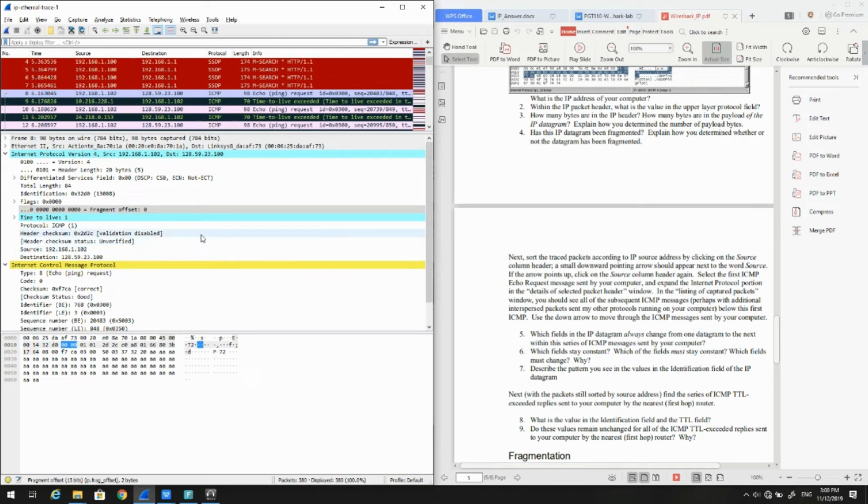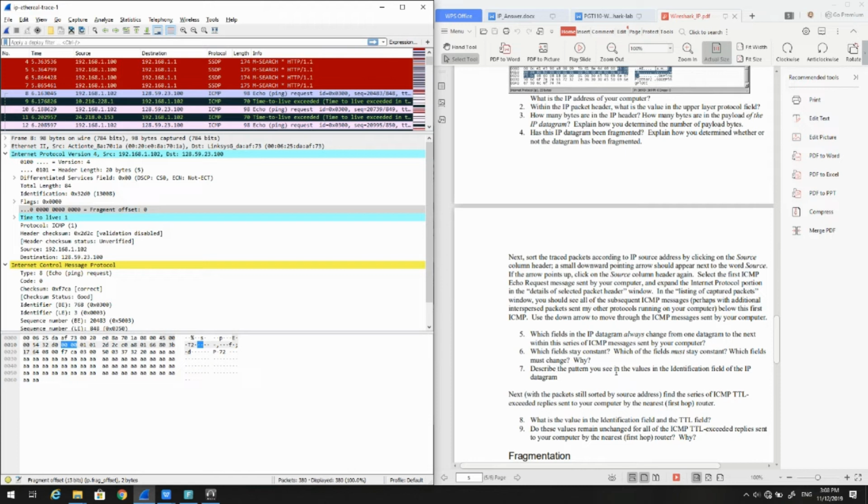The fields that must change are the header checksum and the identification.